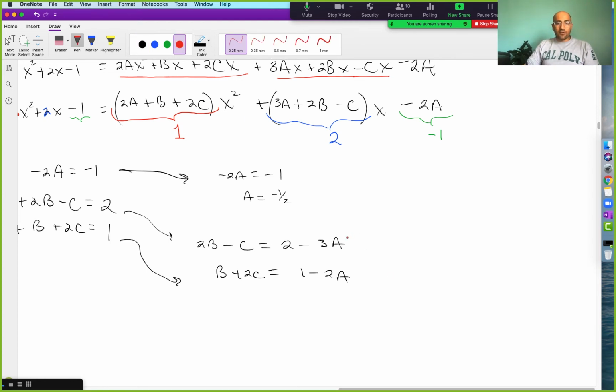I'm allowed to do that in the following way. I'm going to take this equation and multiply everything, left side and right side, by 2. If I do that, I end up with 4b minus 2c equals 4 minus 6a.